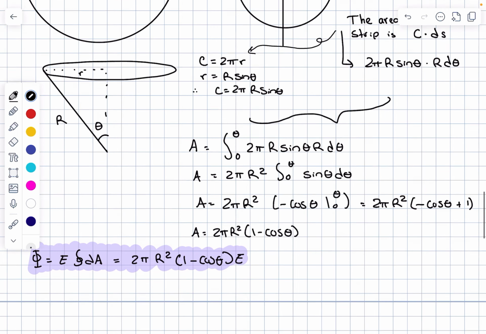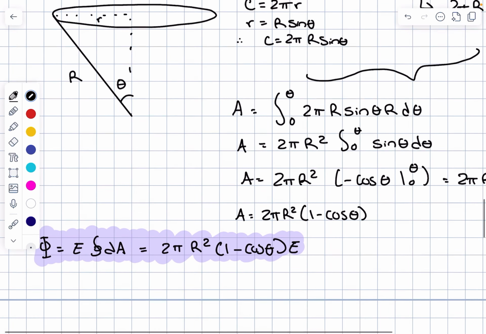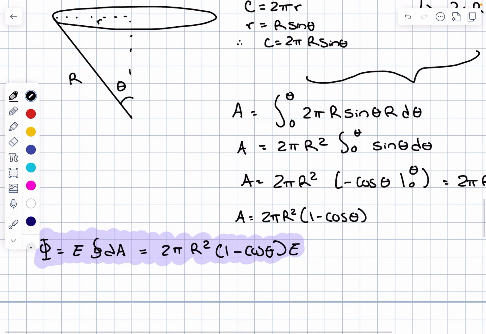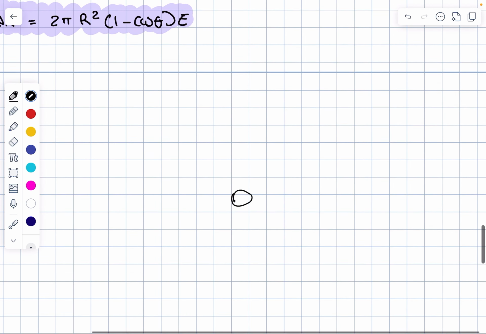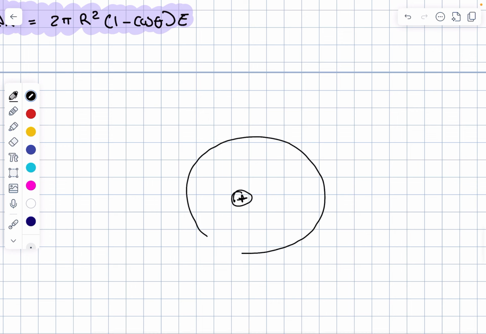We want to figure out what the flux is. If you remember, flux is equal to the integral of E dot dA, but we know that the electric field and the dA components are going to be in the same direction. And we also know that the electric field is going to be the same at every single point, because we're dealing with a positive charge and a sphere.